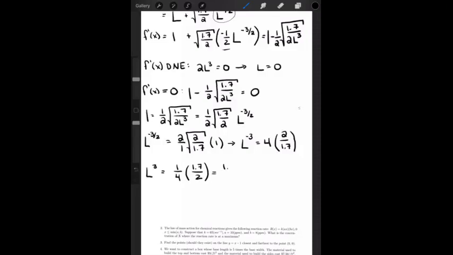And maybe I'll go ahead and multiply through just so I don't have to keep writing 2 fractions down. Right. And then lastly, I'm going to take the cube root. Right, so we've got our 2 critical points now.